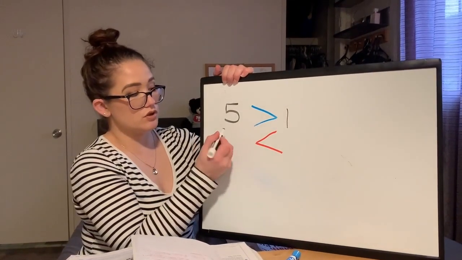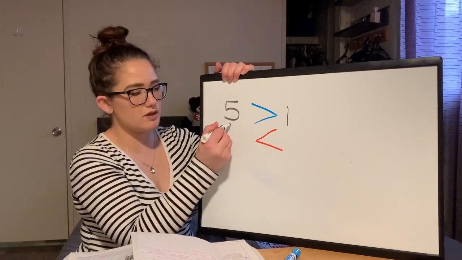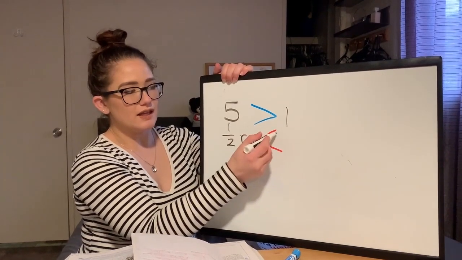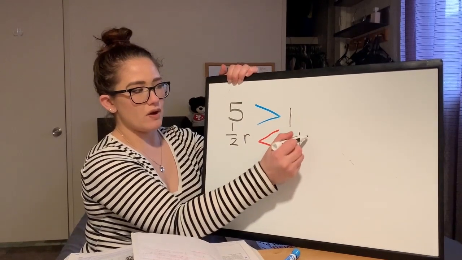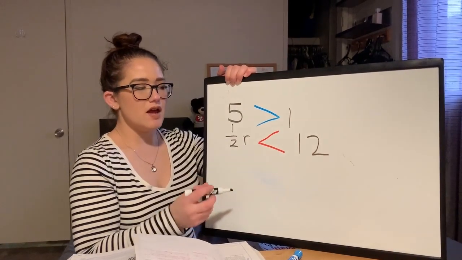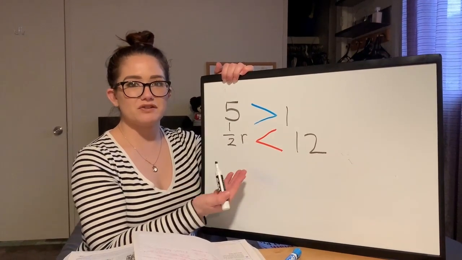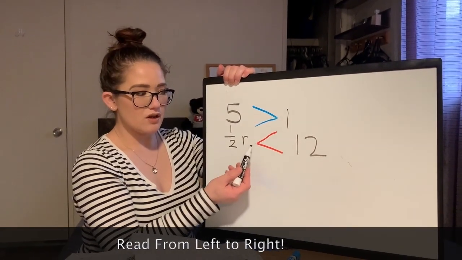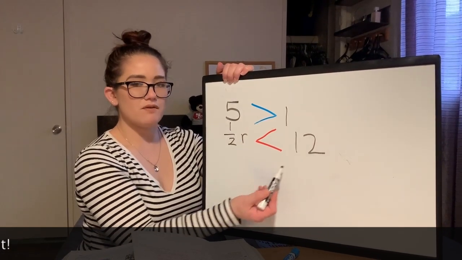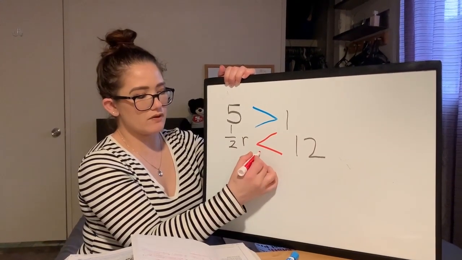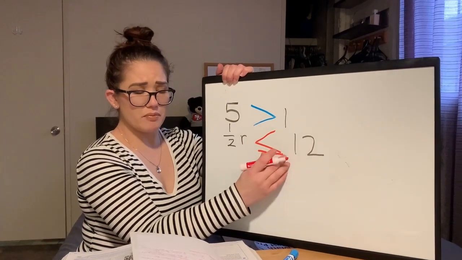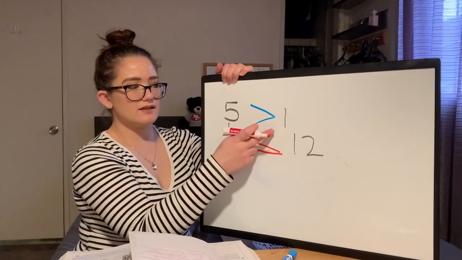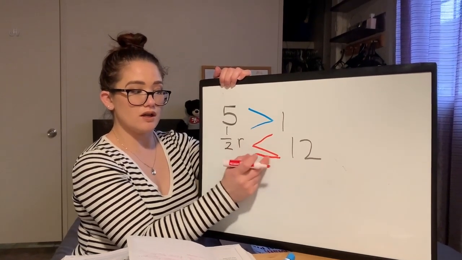We can also do, since we're in middle school, we'll see more problems like this. 1/2 r is less than 12. Okay, and then of course we would have to eventually solve for that r. So what this says is 1/2 times r is less than 12. If we add part of the equal sign to the bottom of that less than inequality symbol, we now read this as less than or equal to.